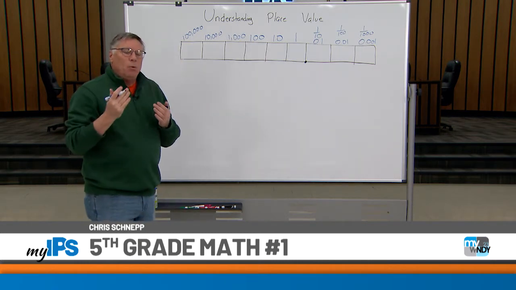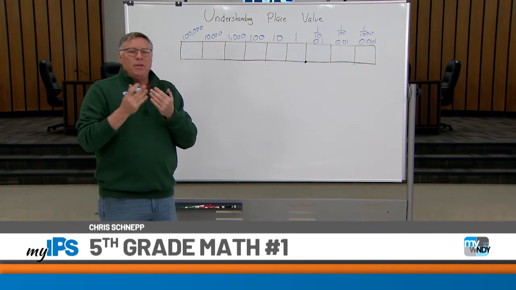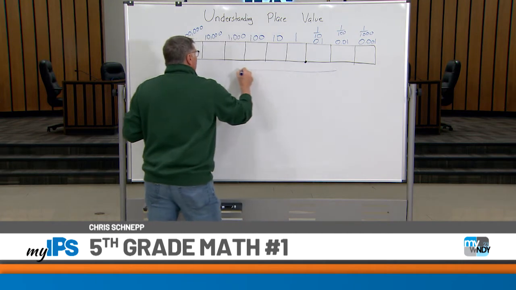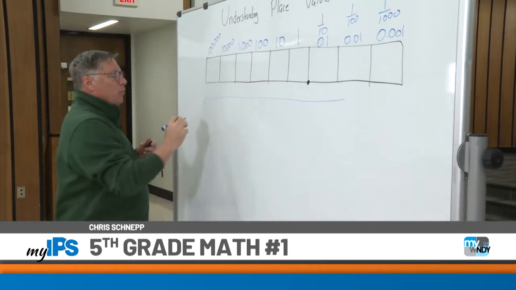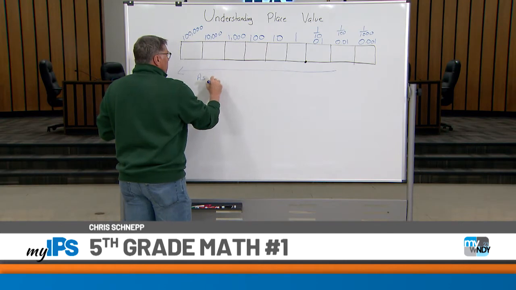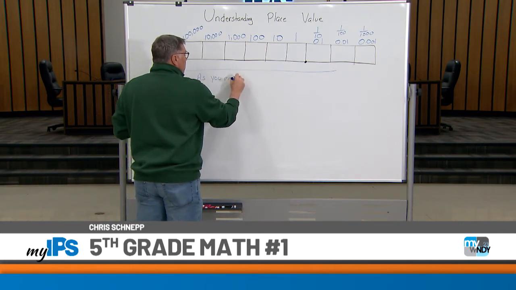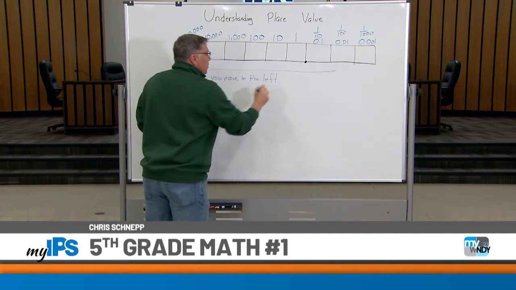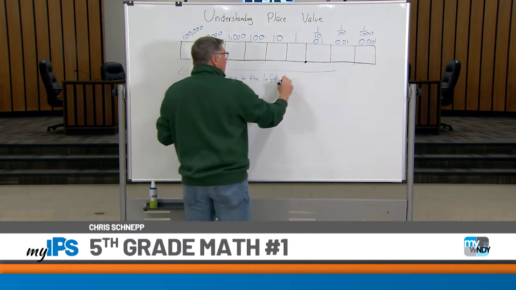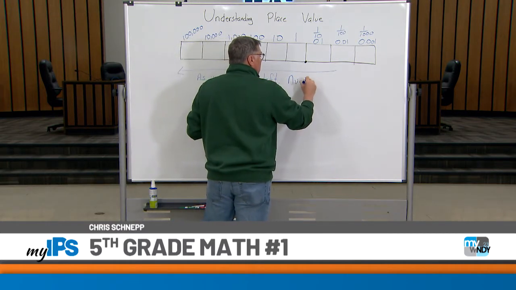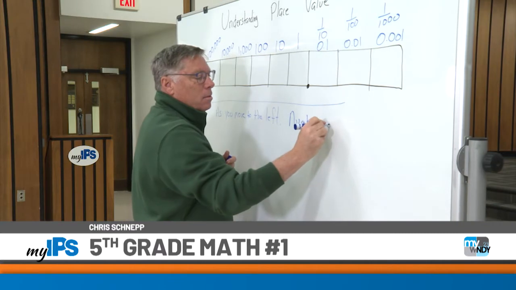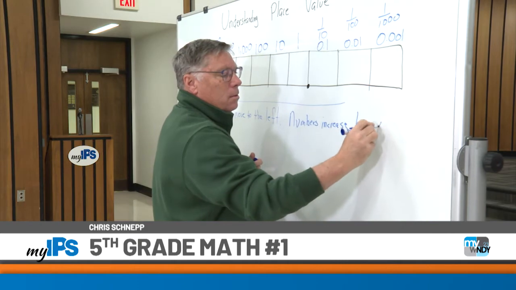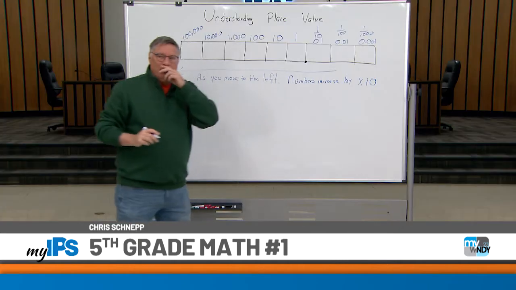Okay, so what we're going to talk about today is how the numbers increase in the place value chart. And as we move to the right or to the left on the place value chart, as you move to the left, the numbers increase by times 10.